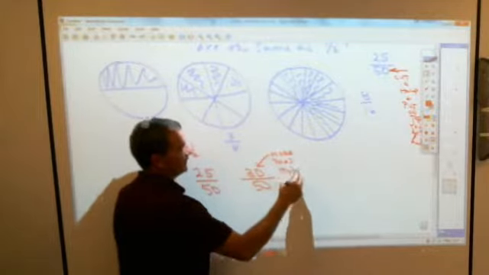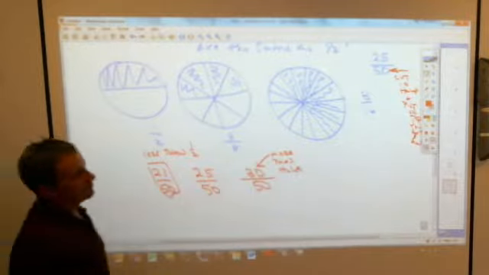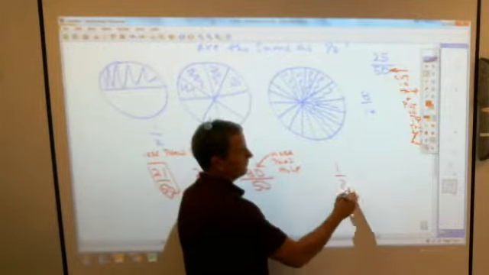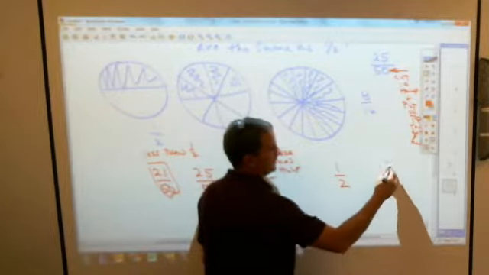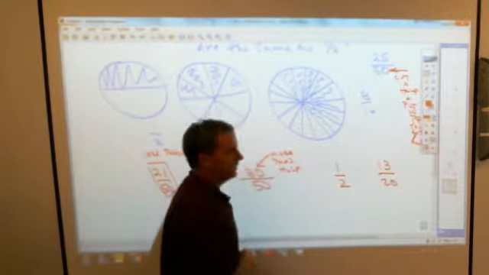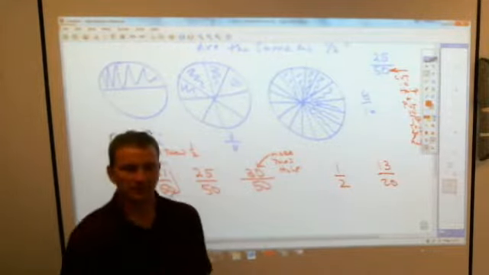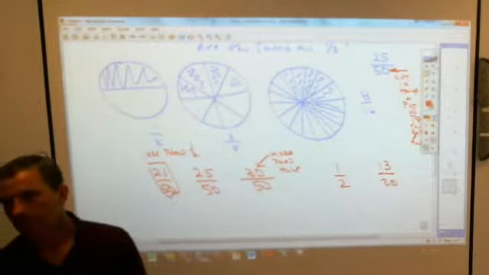So let's see if we can make the deductive leap into something completely off the wall. Here's my 1/2. If I'm comparing 1/2 to 13 over 20, what is bigger, 1/2 or 13/20ths, and why, Jordan Shaw? 1/2 bigger.